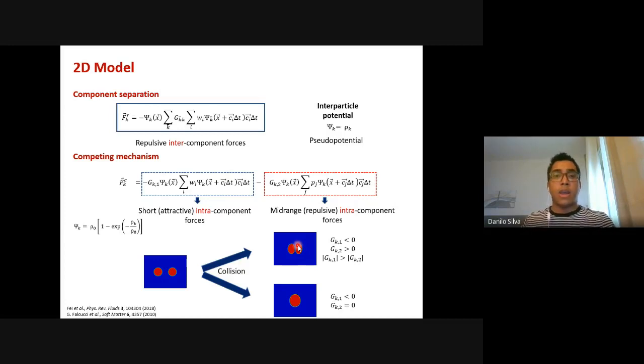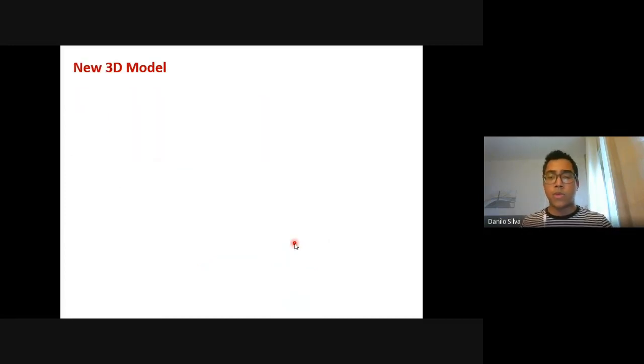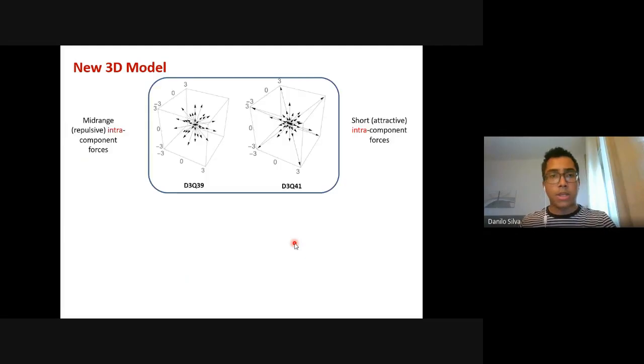Now, like I mentioned, since we want to go to 3D, we used higher-order lattices in this type of system. For the new algorithm, for the mid-range and the short-range attractive forces, we used the D3Q39 lattice and the D3Q41 lattice.